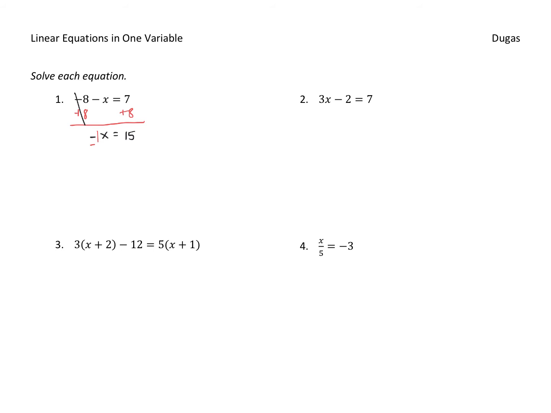To undo that -1 multiplied by x, we would divide by -1. -1 divided by -1 is +1, so that would leave just x on the left, which is what we want. And then 15 divided by -1 is -15. In this case, x is -15. That's our solution.